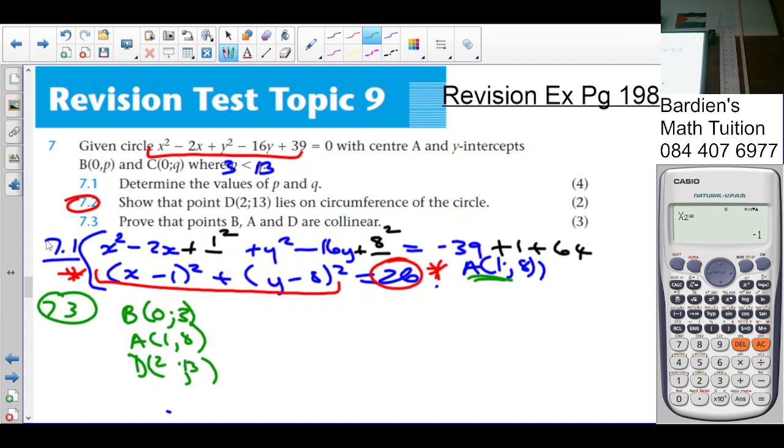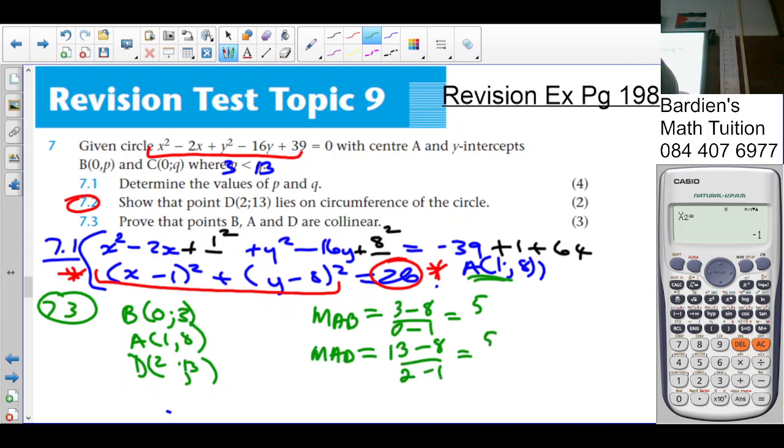People, what does collinear mean? Lies on the same line, which means to say the gradients are the same. So you work out the gradient of AB. You don't start off by saying the gradient of AB is equal to the other gradient. No. You first show that the gradients are equal by calculation. So it's going to be (3 minus 8) over (0 minus 1), which is minus 5 over negative 1, which is 5. Then the gradient of AD is going to be (13 minus 8) over (2 minus 1), which is 5 over 1, which is 5.